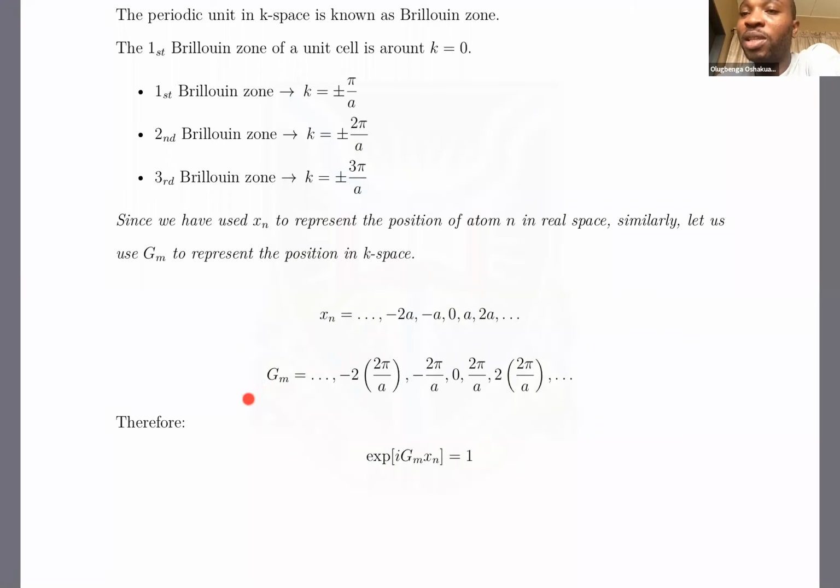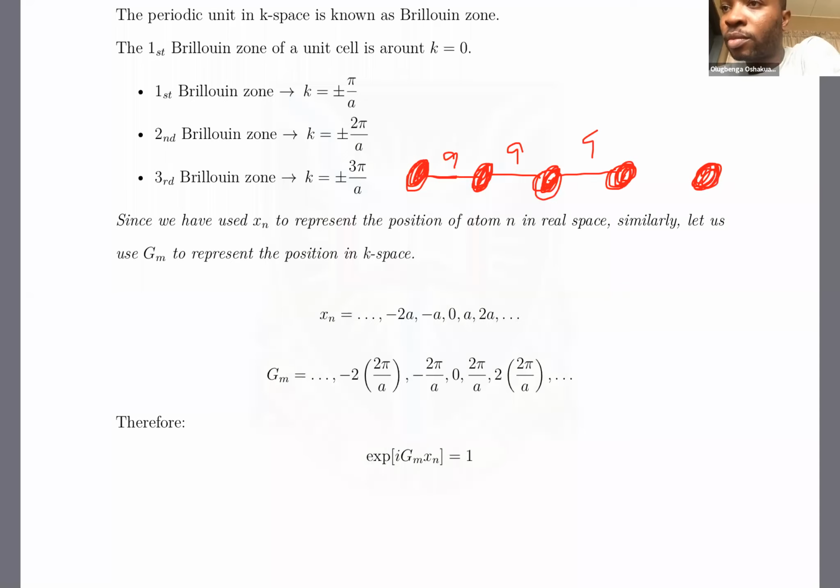When we have atoms in real space separated by distance a, we can pick one to be at the origin.